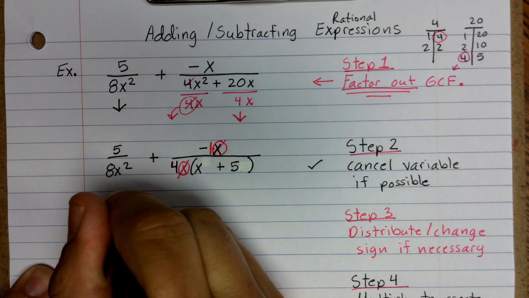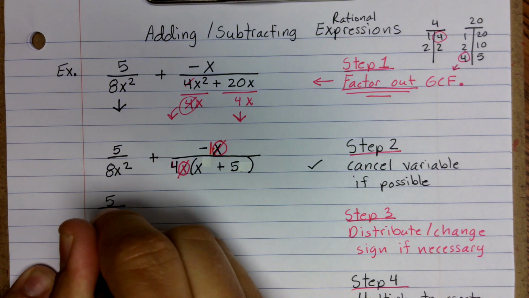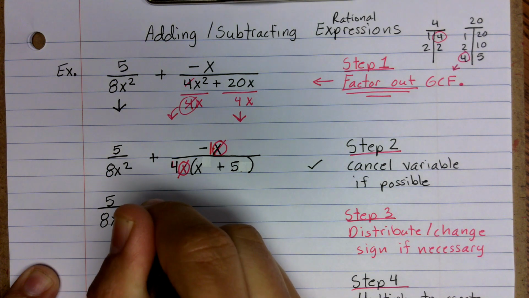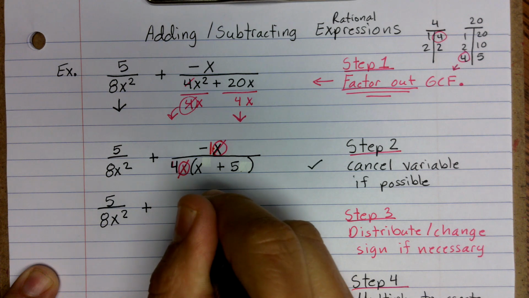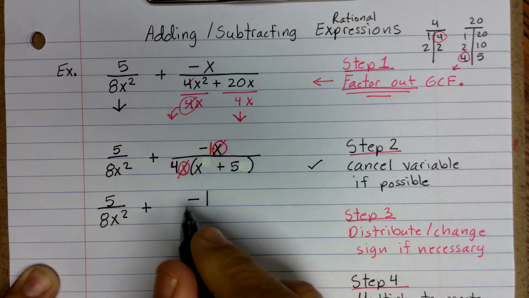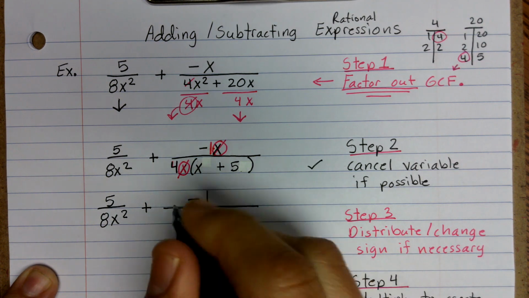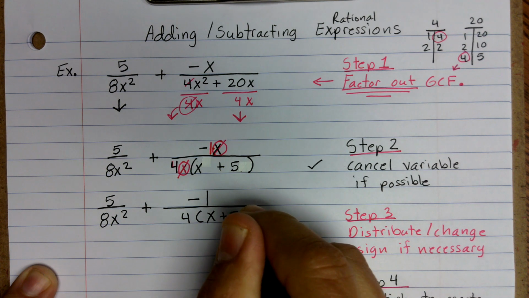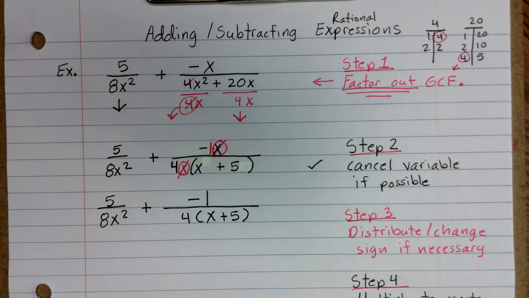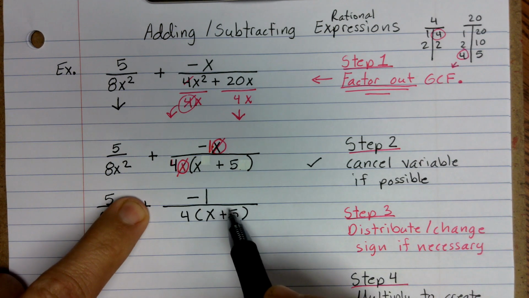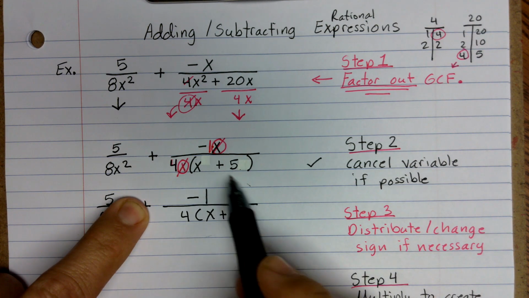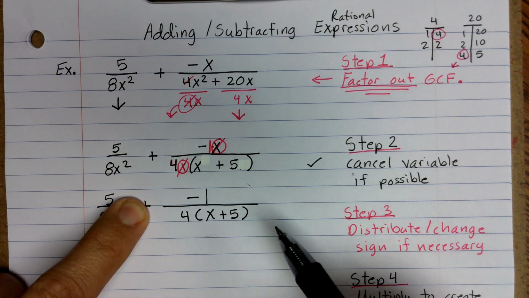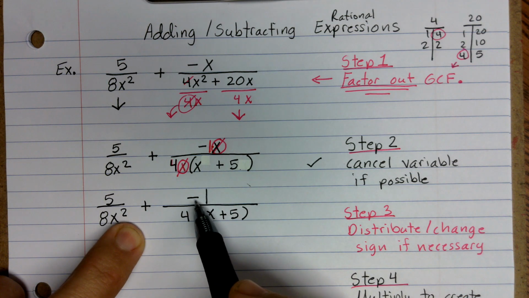Currently I have 5 over 8x squared plus negative 1, because the x got canceled, over 4 times x plus 5. Now step 3 is distribute and change the sign if necessary. In other words, notice that we're adding this whole rational expression, but we have a negative sign up here.